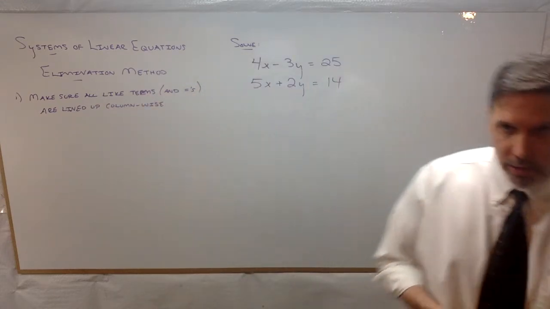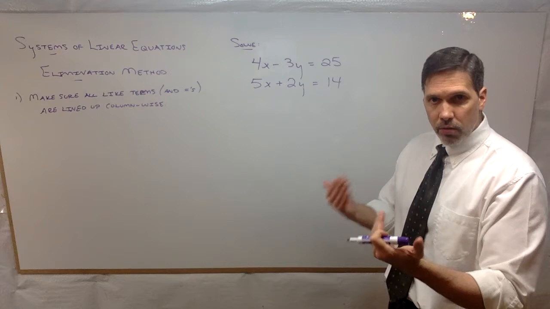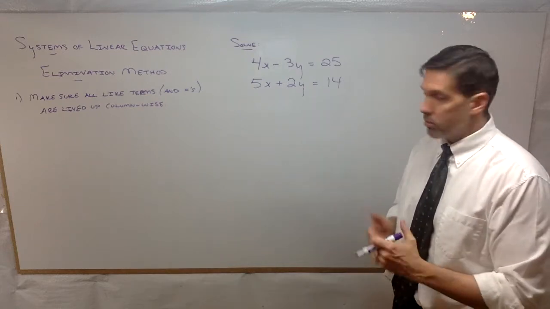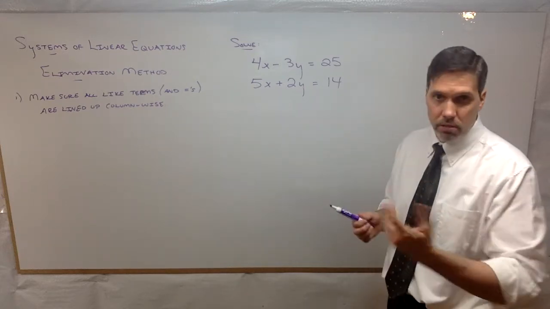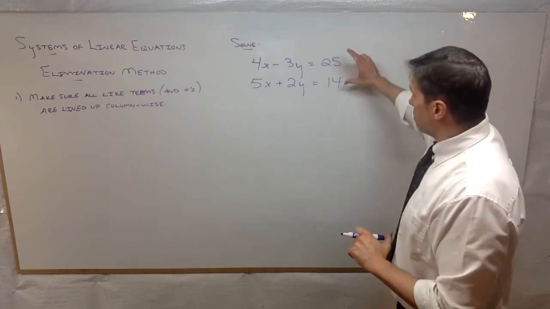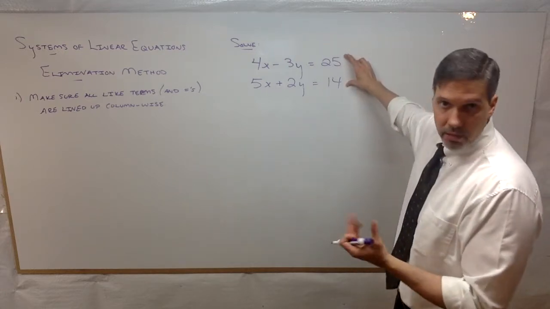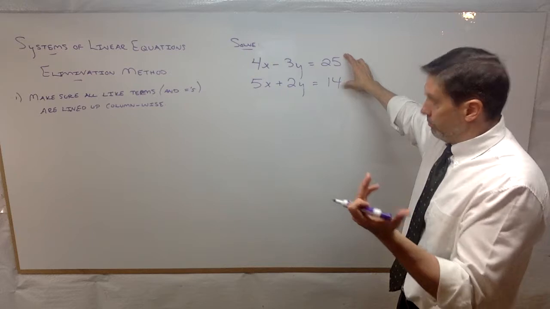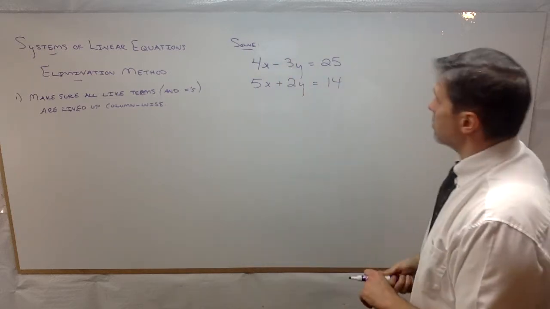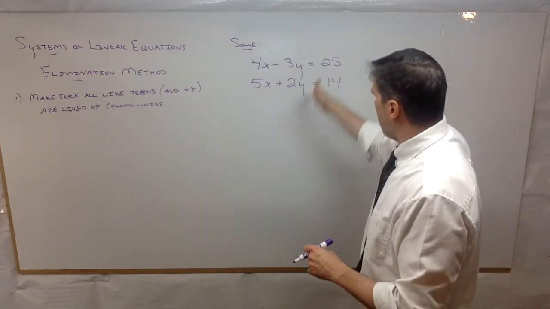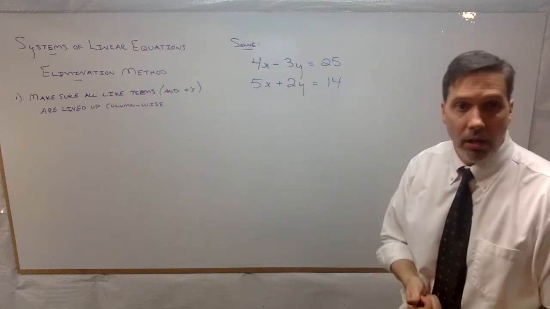Just make sure they're underneath each other. If they're not, you can move terms around on either side of the equation to make that happen. So most of the time, if I'm going to use elimination method, this is already done for me. So in this case, yeah, we're good. X's, Y's, constants, and the equals, they're all lined up.